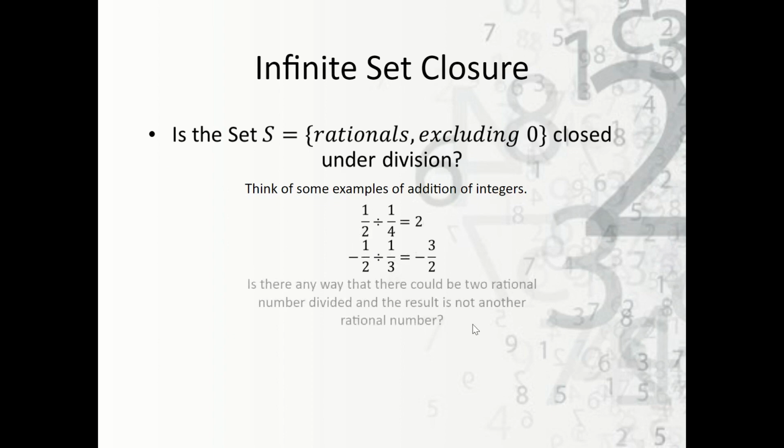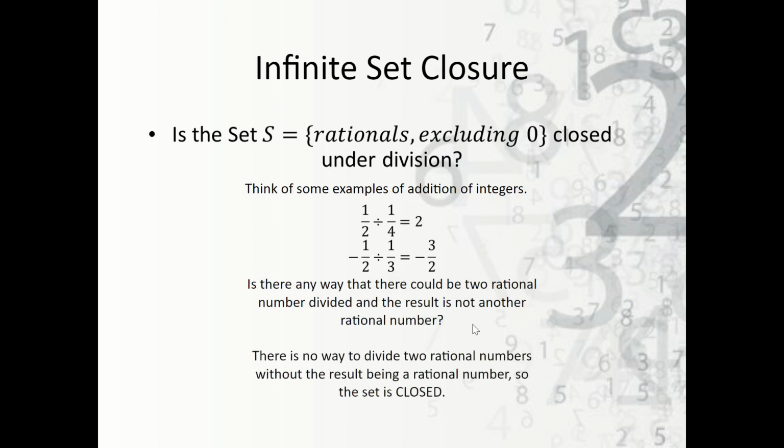Well, we keep thinking of some examples, and when we keep looking, we can see that there is no way, and we did exclude 0, so we know that 0 is not an issue, so we don't have to worry about dividing by 0.